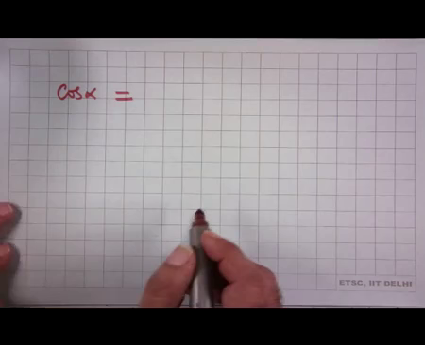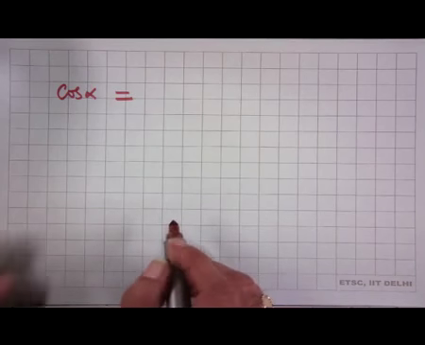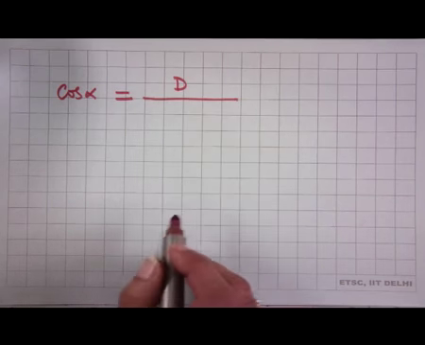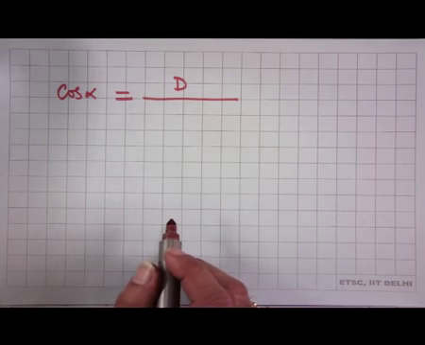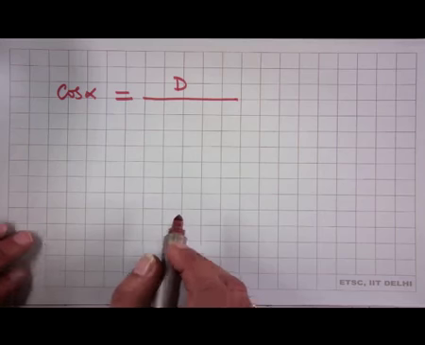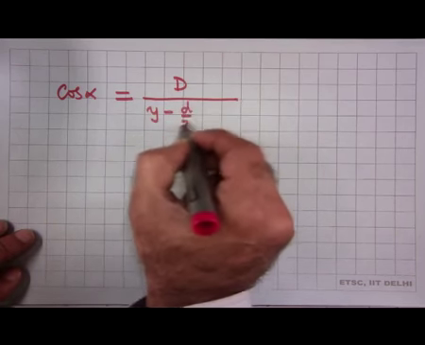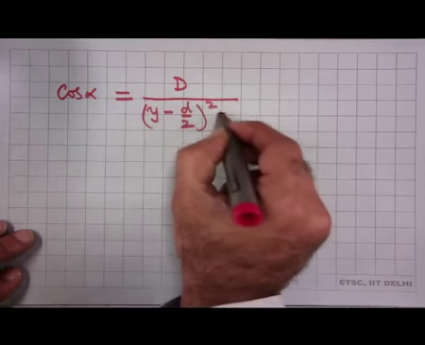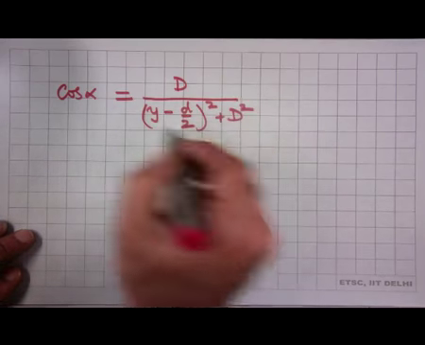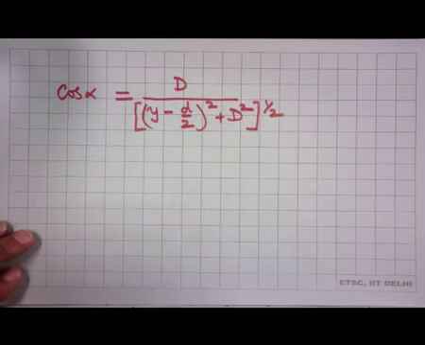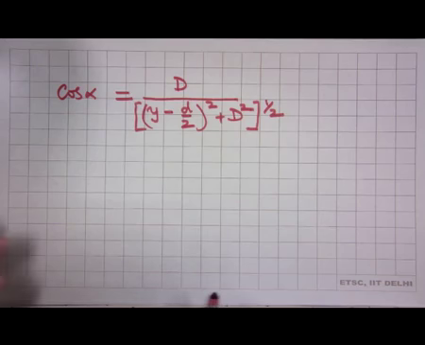That is nothing but the adjacent side divided by the hypotenuse. So I will put my D here. The hypotenuse is nothing but the square root of (y minus d by 2) whole squared plus D squared. All that we have done is make use of the Pythagoras theorem.